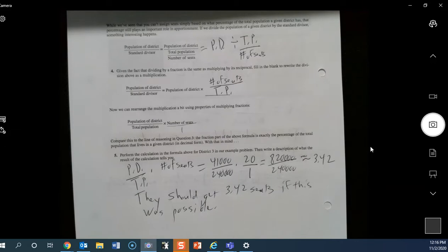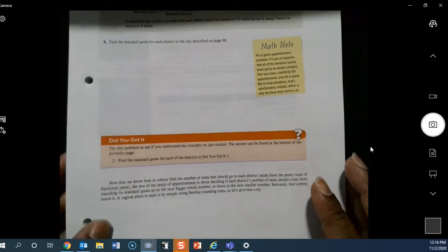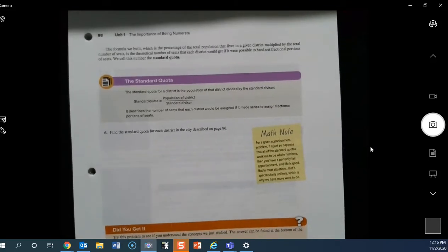Okay, now we go here to our next page. And it says the formula we built, which is the percentage of the total population that lives in a given district multiplied by the total number of seats, is the theoretical number of seats that each district would get if it were possible to hand out fractional portions of seats.